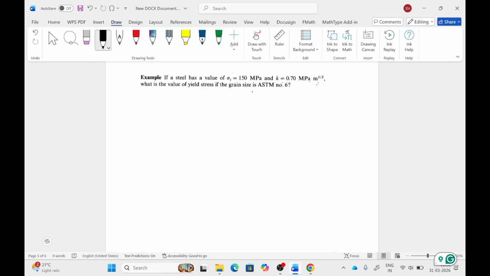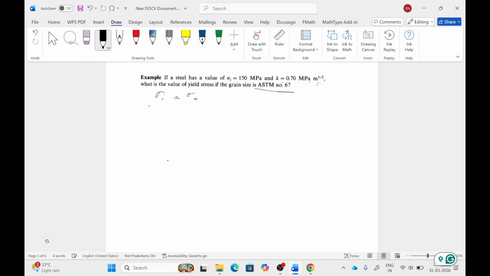In this question we are given ASTM grain size 6. So for this we can calculate the grain size from the formula. Here sigma I is the sigma naught only and K is given.